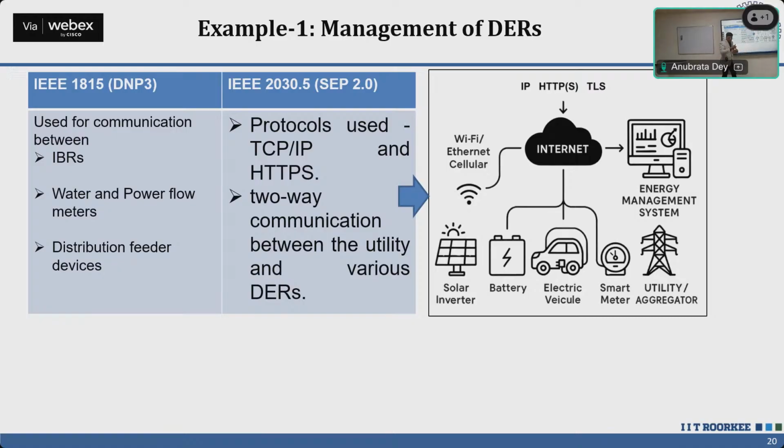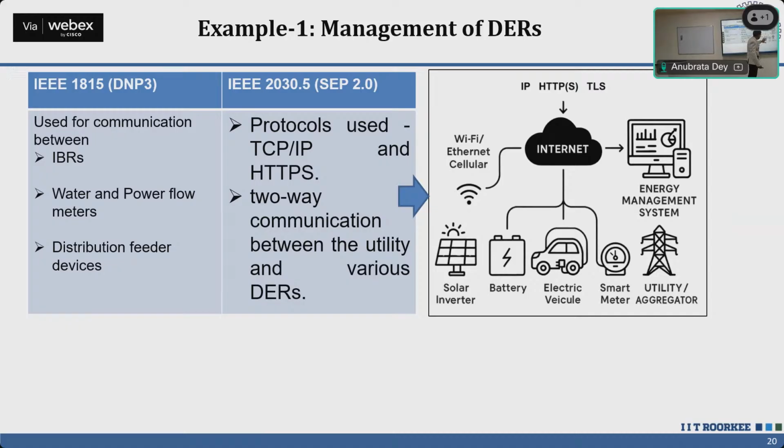There are various versions of this, SEP 1.0, SEP 2.0. On the consumer side, these protocols use either TCP/IP or HTTPS, and they establish two-way communication between the utility and various DERs. So the utility can use this protocol, and then the consumer has to use the equivalent compatible protocol here also.